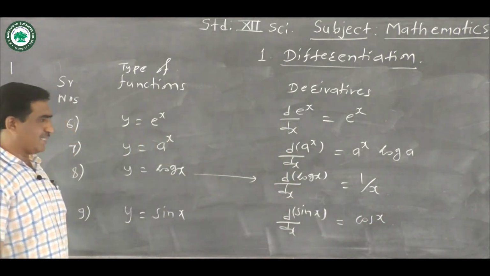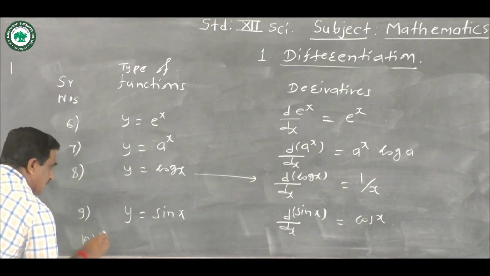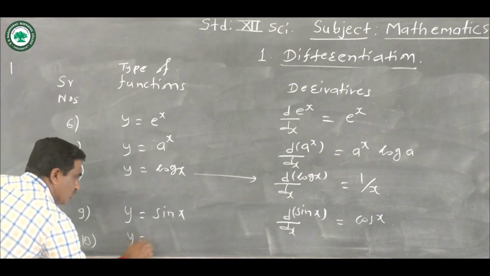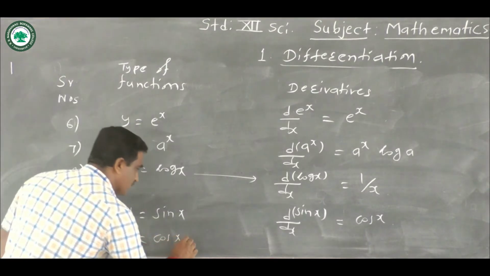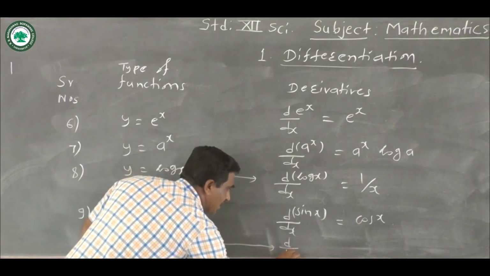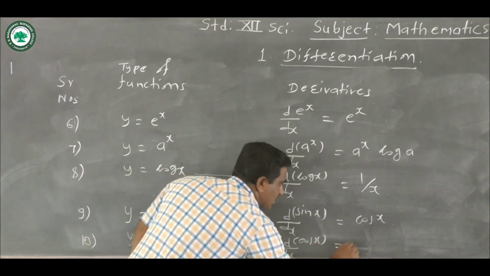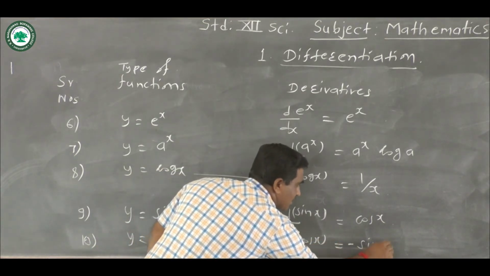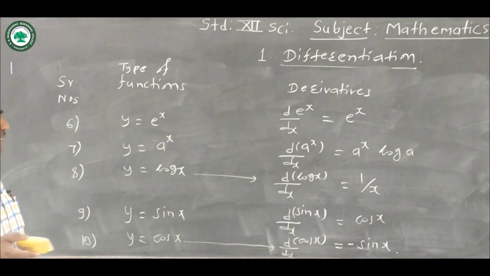Number 10, second trigonometric function, y is equal to cos x. Derivative of cos x is minus sin x.